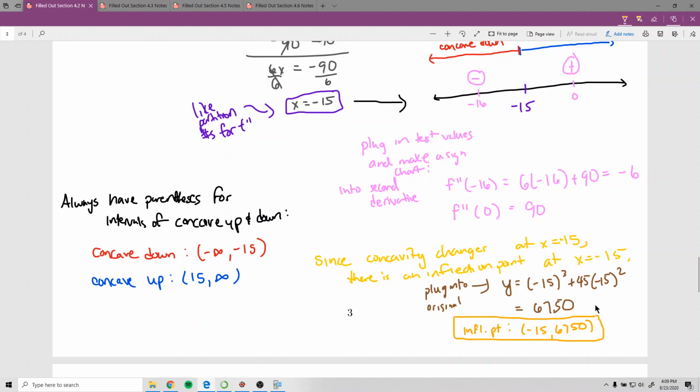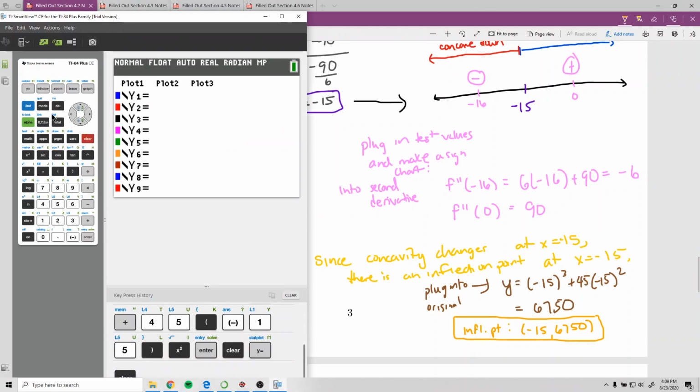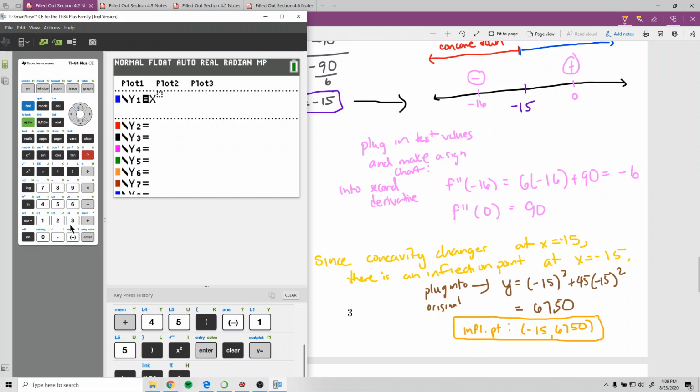Now, one thing I would definitely say is if you tried to figure out what an inflection point looks like by graphing, I haven't shown you what it looks like yet, so it might be hard to do it that way anyway, but this is not an easy value to try to find. And your calculator doesn't just find inflection points for you. Right, but what I'm going to do is graph the function x cubed plus 45 x raised to the second power.